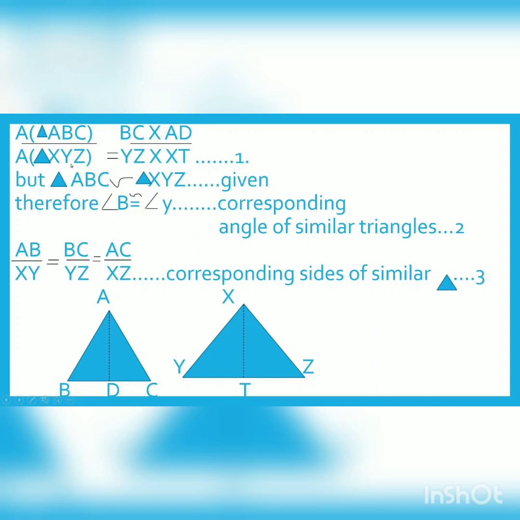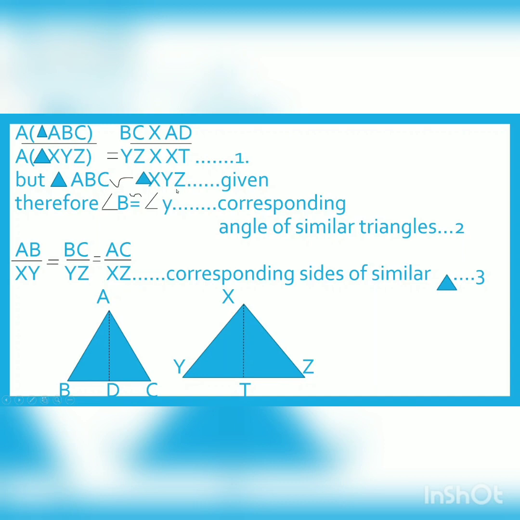This YZ is the base of the second triangle XYZ and XT is the height of this triangle. This is our first equation. But in the theorem it is already given that both triangles are similar: triangle ABC is similar to triangle XYZ.